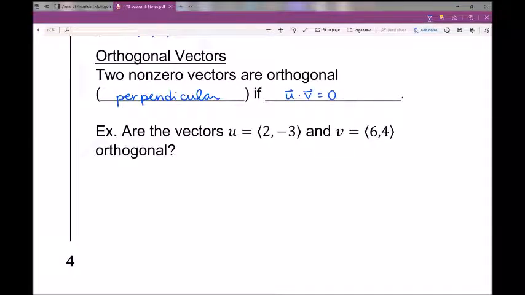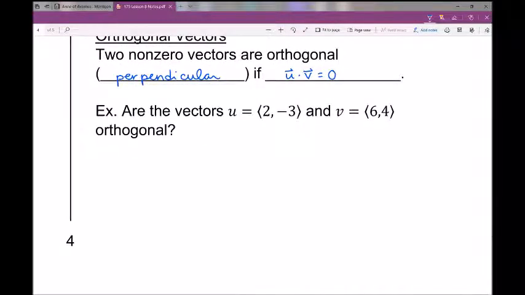Okay, so as an example, we're asked, are the vectors u equal to 2, -3 and v equal to 6, 4 orthogonal? So to test for orthogonality, what we do is find their dot product.